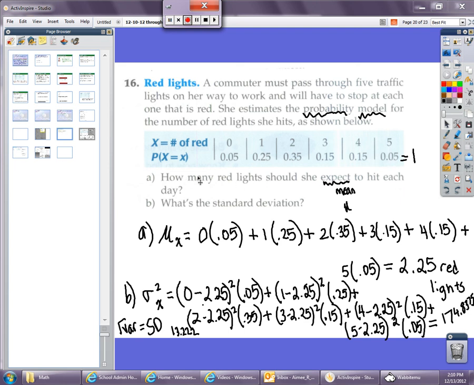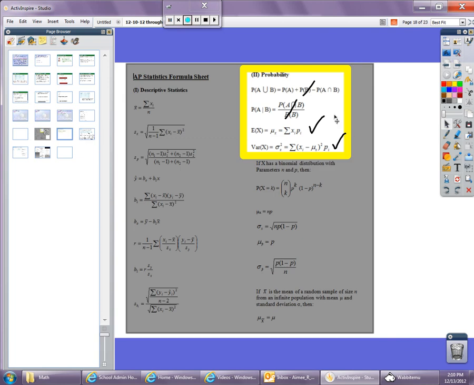For the first one, A, you're looking at how many red lights she should expect to hit each day. Expect means the mean. I'm looking at mu. Remember those formulas: E of x is your expected value, which is the mean.